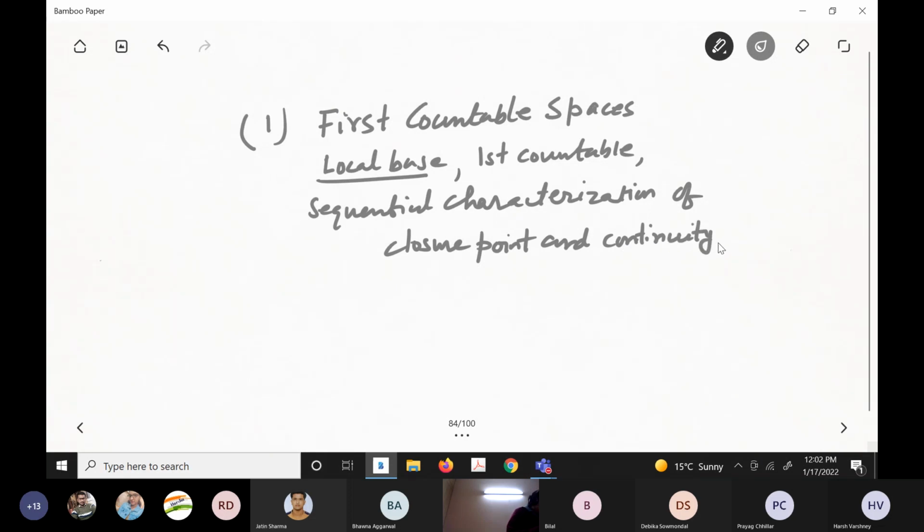Also, you should give an example, an example of a non-first countable space.